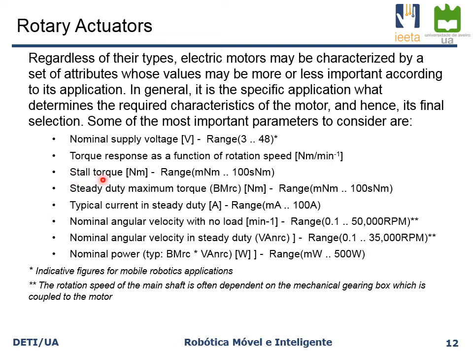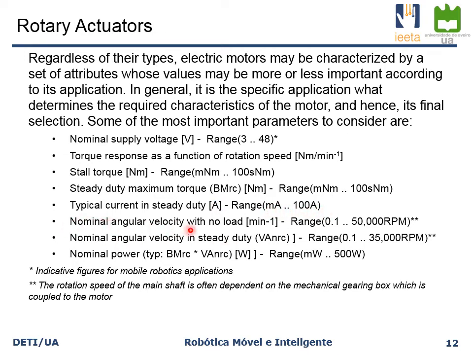And the stall torque in Newton meters, which means the torque that must be exerted to stop the motor from rotating. The range can go from millinewton meters to hundreds of Newton meters. Steady duty maximum torque, which is the maximum torque that is normally used in steady duty. Typical current at steady duty in amperes, from milliamps to 100 amps.